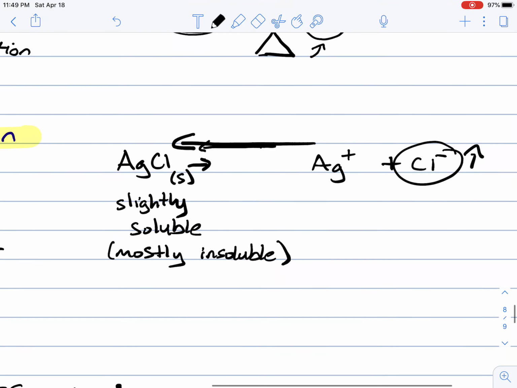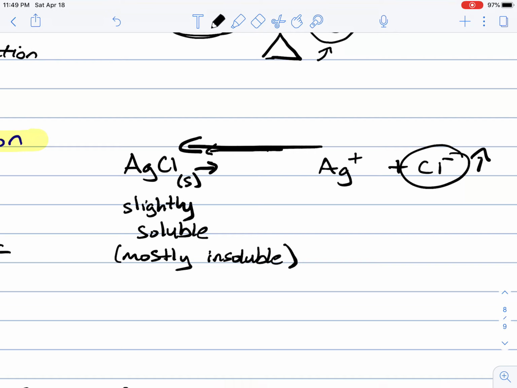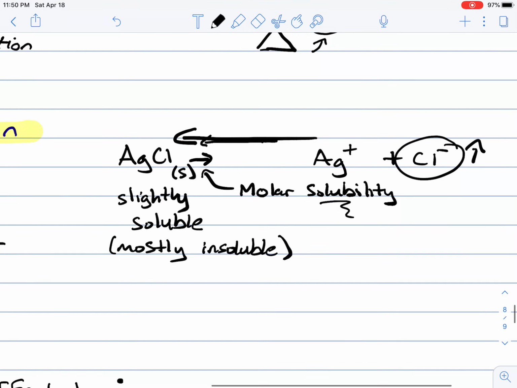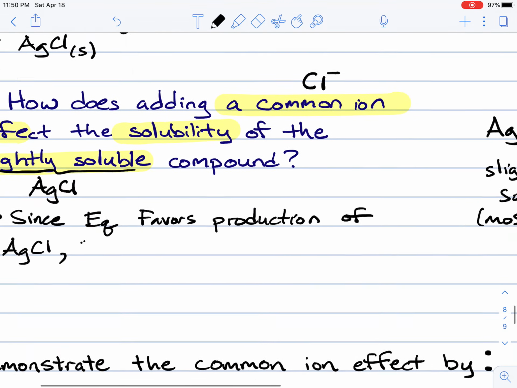So in other words, the molar solubility in the forward direction, you guys can think about it as the molar solubility, the amount of silver chloride that will be soluble is even less, since the equilibrium is favoring the production of this slightly soluble, mostly insoluble salt. Hopefully that made sense.